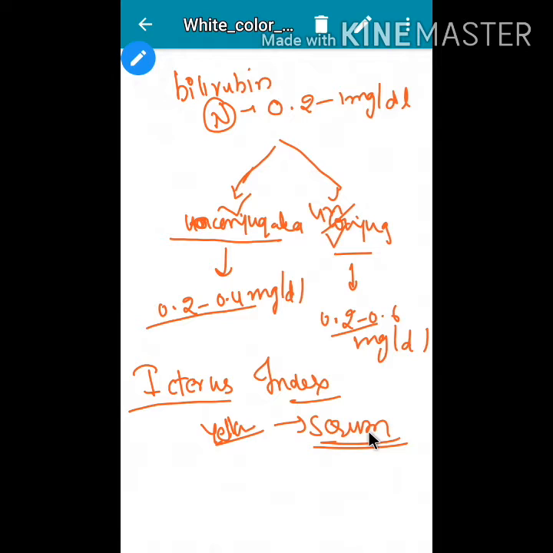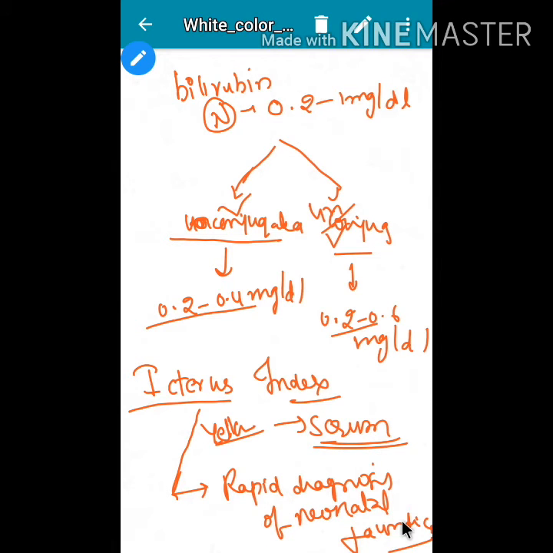By looking at the intensity of this yellow color in the serum, we assess the icterus, the jaundice. But nowadays this is no more used, except in some places for rapid diagnosis of neonatal jaundice.